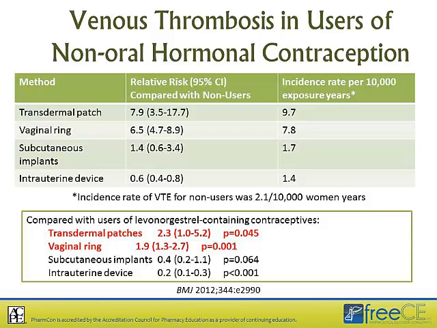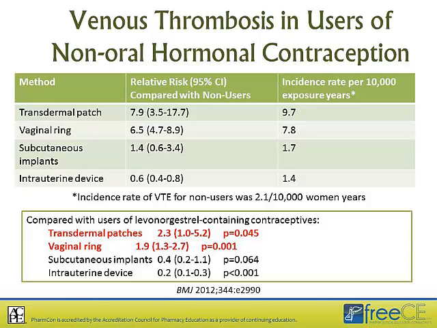You can see here that there was a statistically significantly increased risk for the transdermal patch and vaginal ring compared with non-users. Additionally, we can see that the incidence rate per 10,000 exposure years is 7 to approximately 10, which quite honestly falls within that normal range that I mentioned earlier of 5 to 9 per 10,000 exposure years.